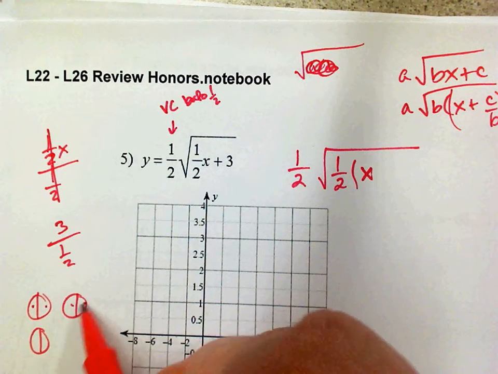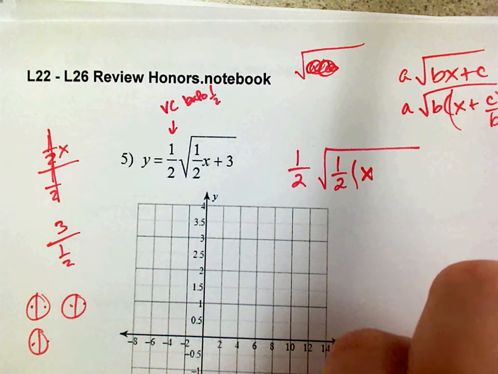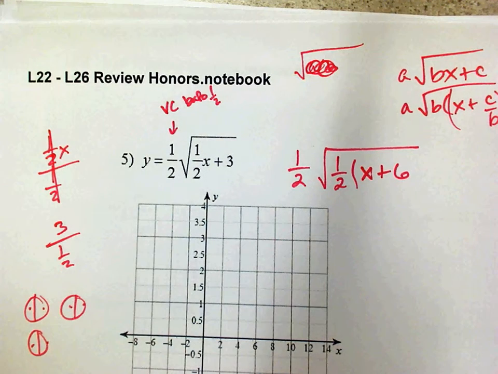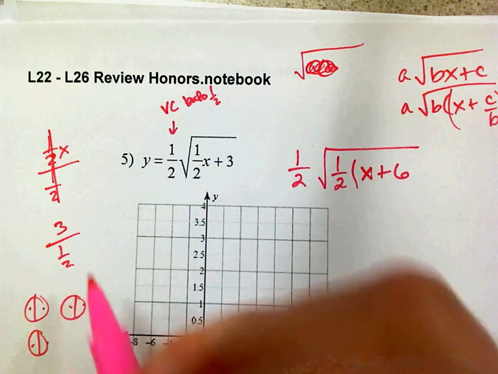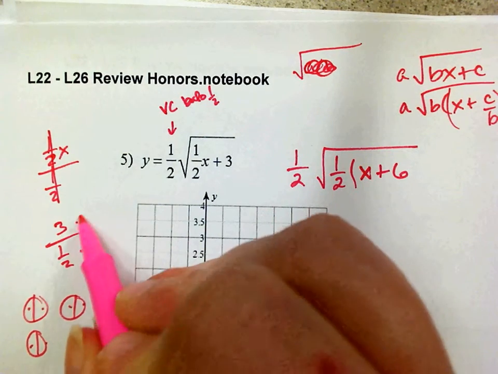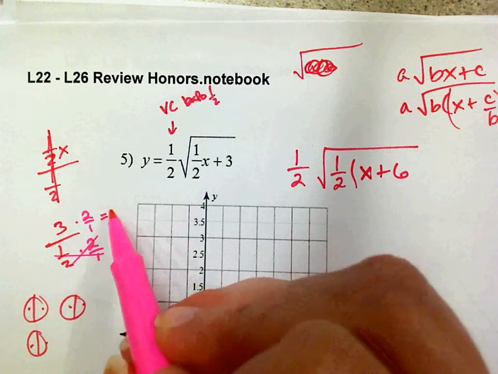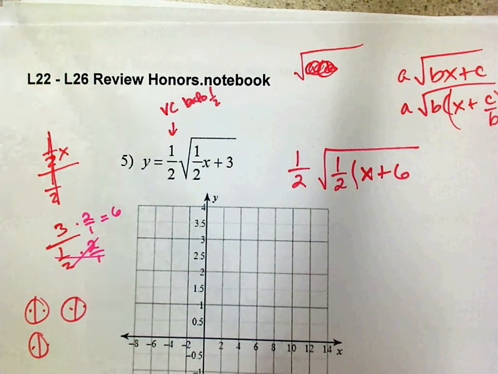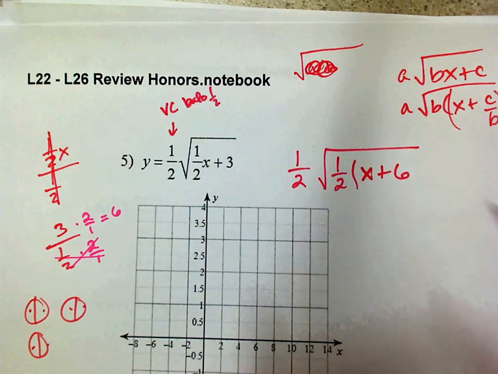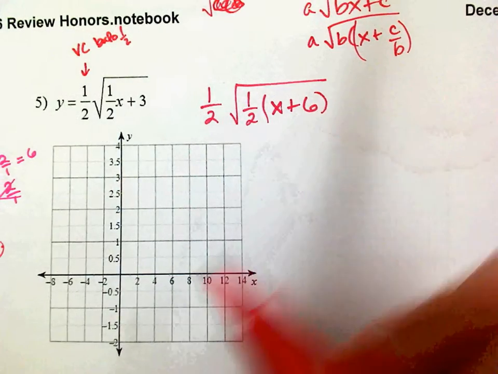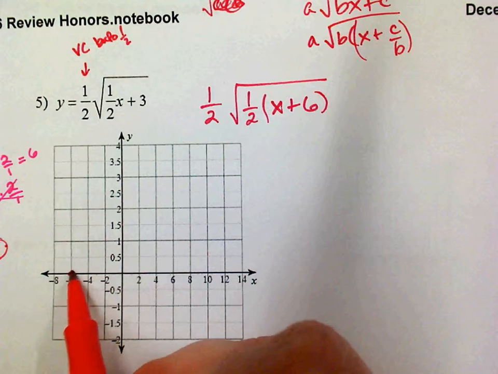So there are 6 halves in 3. Or, when you divide by a fraction, you flip and multiply by its reciprocal, and those cancel out, and 3 times 2 over 1 is just 6. Okay? So either way, I get 6 right here. So that actually means I'm going to go to the left 6. I don't go up or down because there's no plus or minus out here.